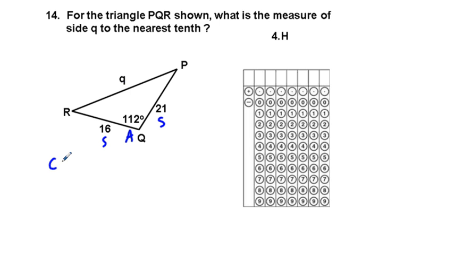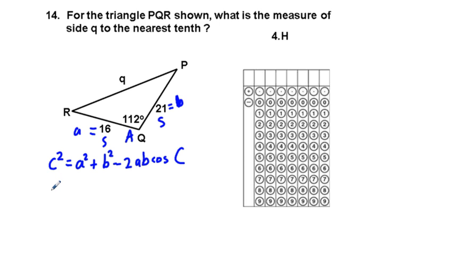And so law of cosines is going to be c squared equals a squared plus b squared minus 2ab cosine c. And in this case, we're going to say a is 16 and b is 21.